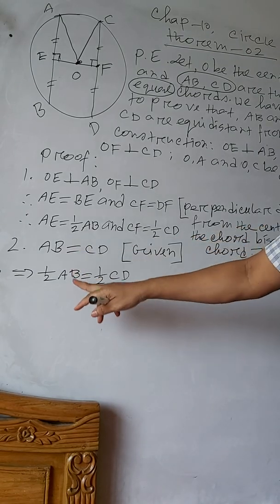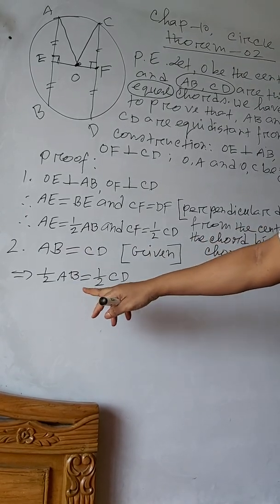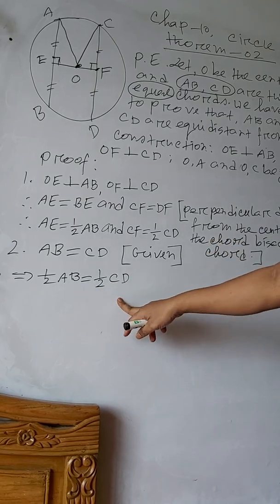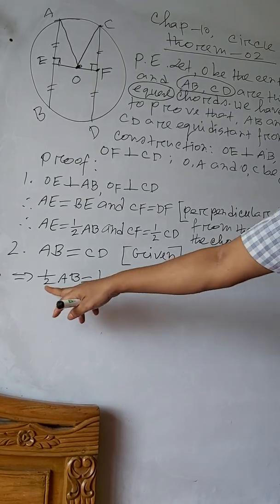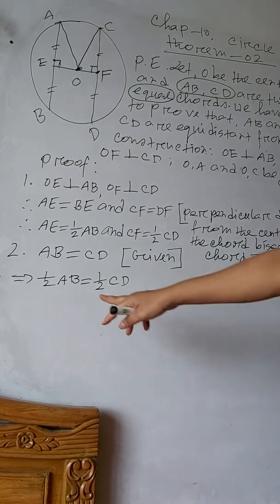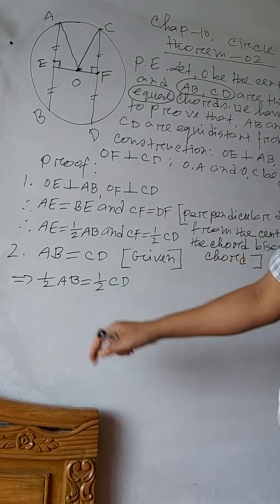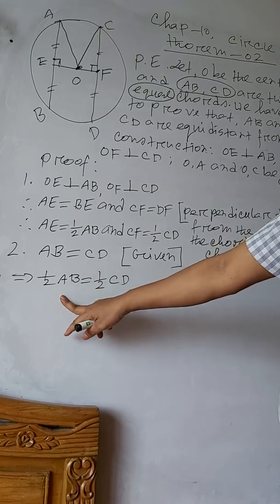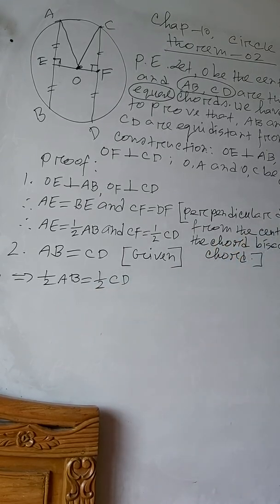Dividing on both sides by 2, or multiplying on both sides by half, anyone you can choose.